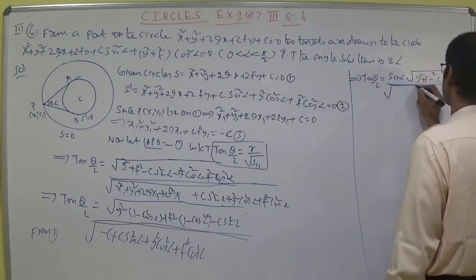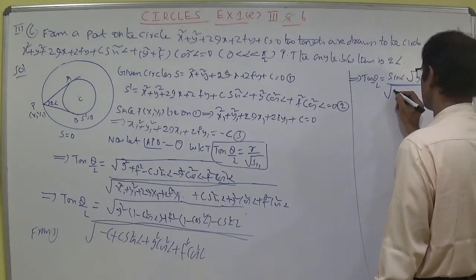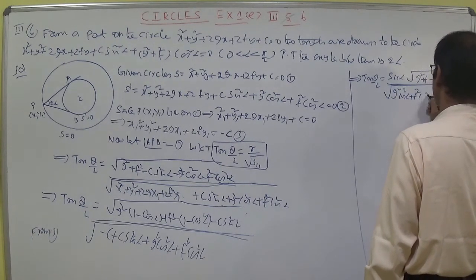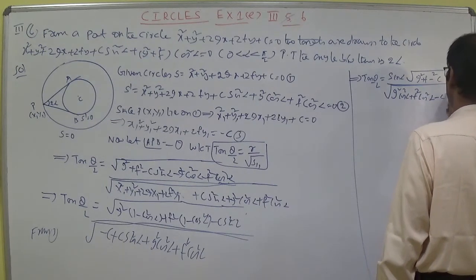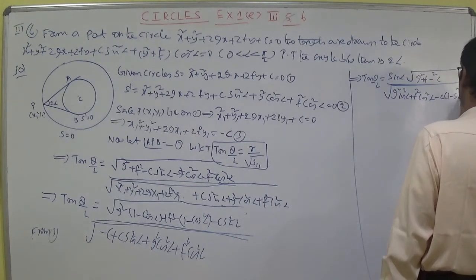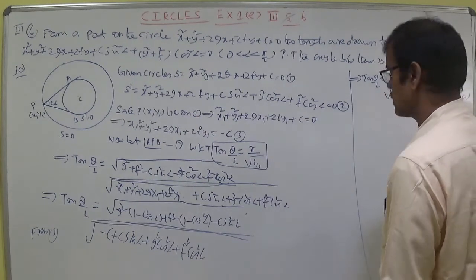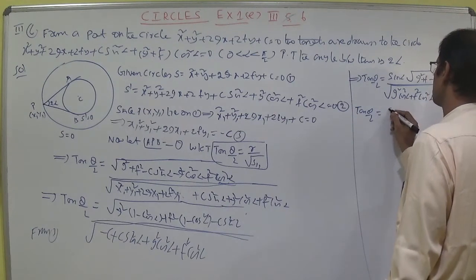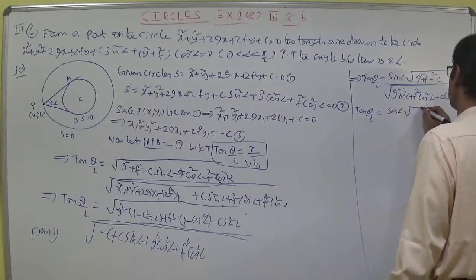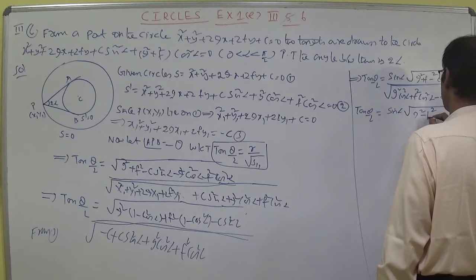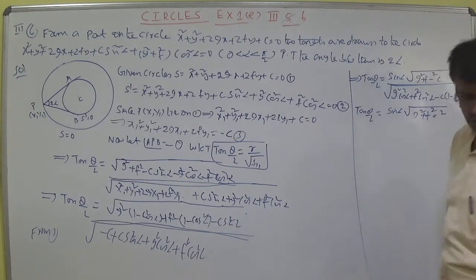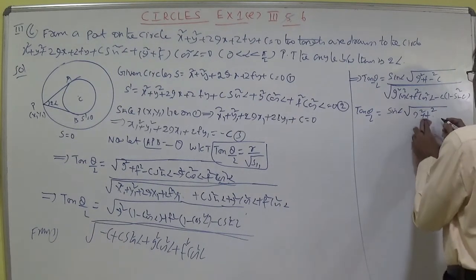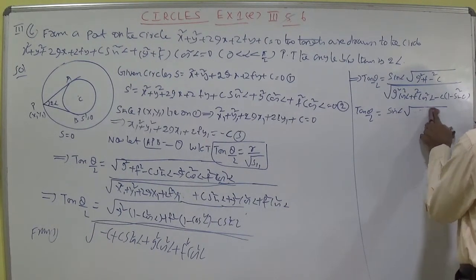Here let us write g square cos square alpha plus f square cos square alpha, and minus c taken common becomes minus of 1 minus sin square alpha. Next, tan theta by 2 is equal to sin alpha into root of g square plus f square minus c, over root.